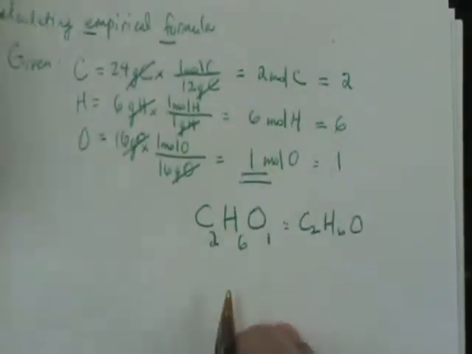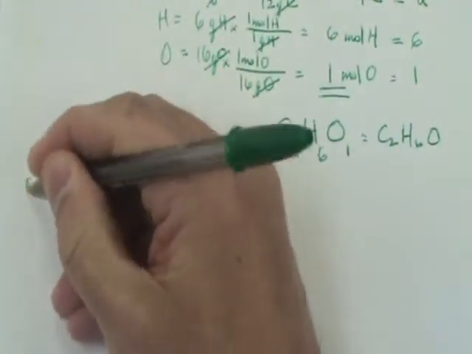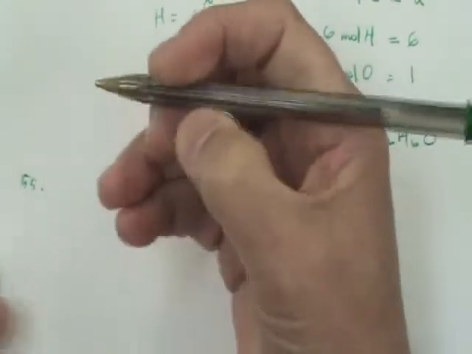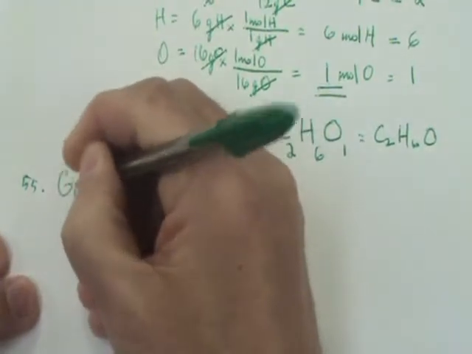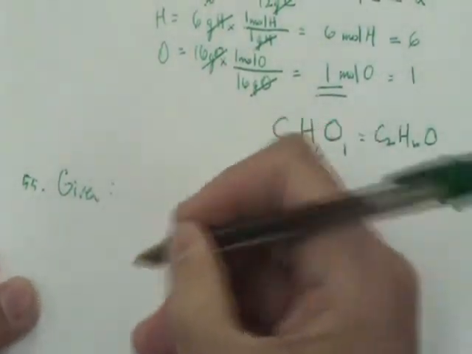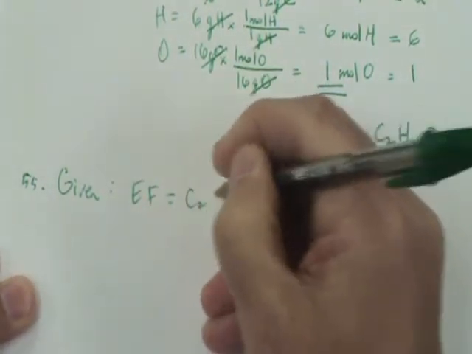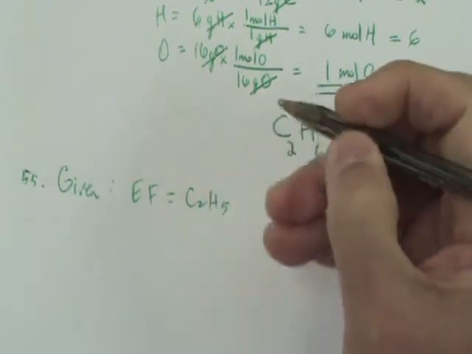Okay, so let's break it down. This is number 55. What's our given? We write down our given again, and now we have an empirical formula of C2H5.